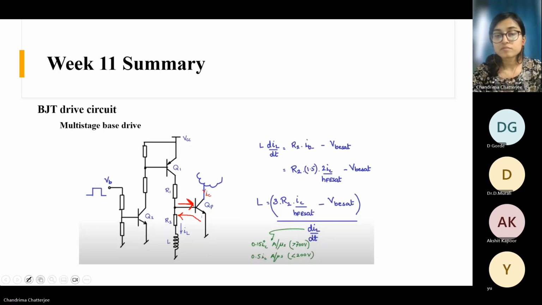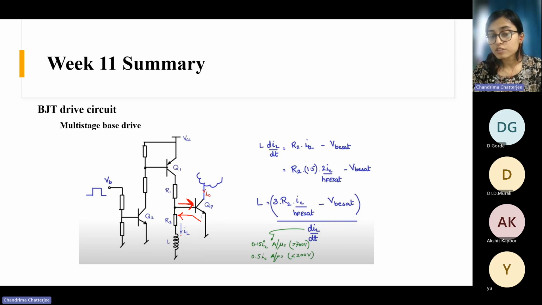So what I was telling is, when it turns off, the inductor will try to maintain the same current, right? Because that is the property of an inductor. It doesn't allow a sudden change of current through it.